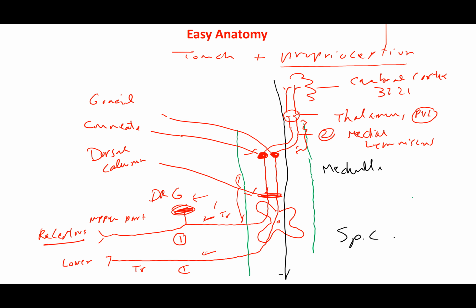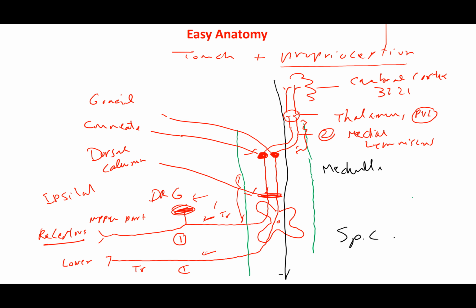So any lesion affecting the spinal cord or medulla below gracile and cuneate is going to be ipsilateral. Loss of tactile discrimination, loss of sense of position, and it induces a sort of ataxia, which disturbs gait and balance.